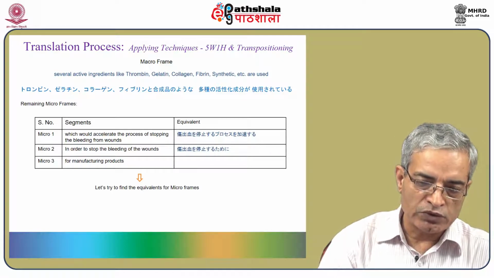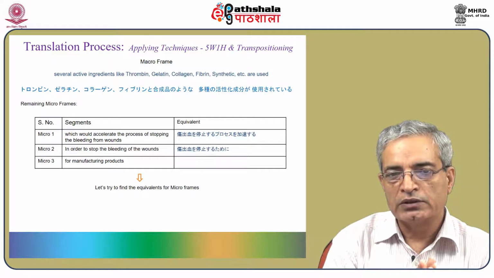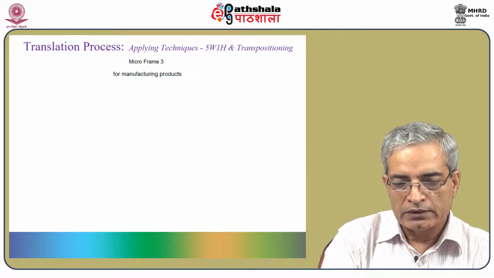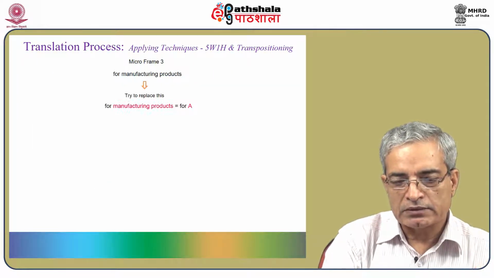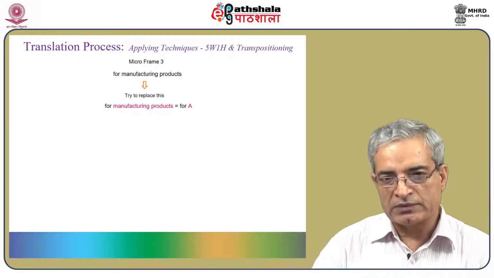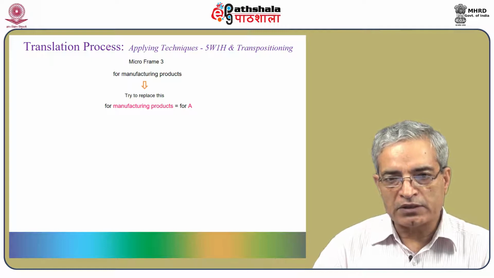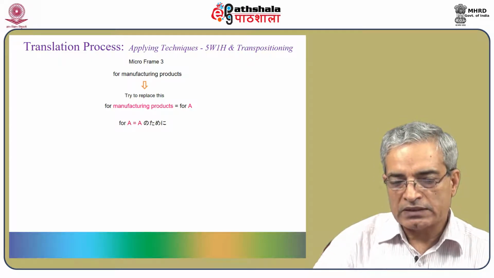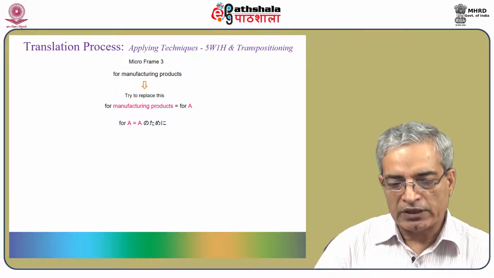Let's see if we can do it in a different style for a change. Try to replace this, for manufacturing products, with for A. That means manufacturing products has been replaced by A. For A gets translated as A no tameni.